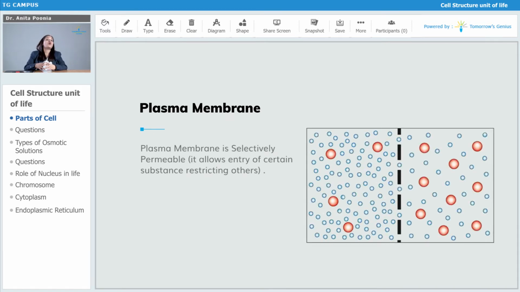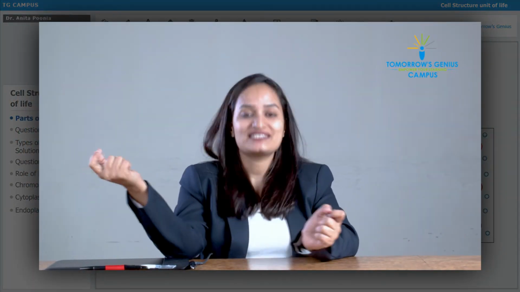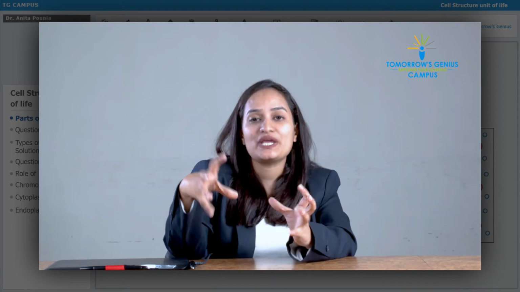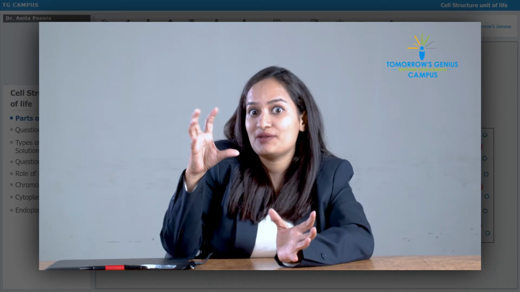So now you know what its function is in a general sense, right? Now how exactly does a plasma membrane work? Let us see. The plasma membrane is known to be partial. What does that mean? It is known to be selectively permeable or selectively partial.